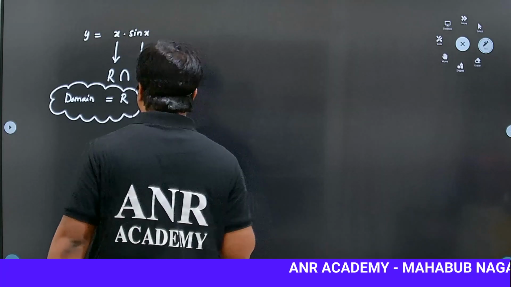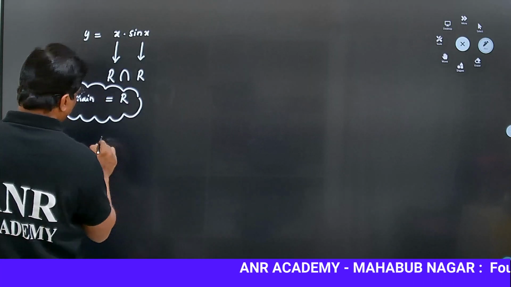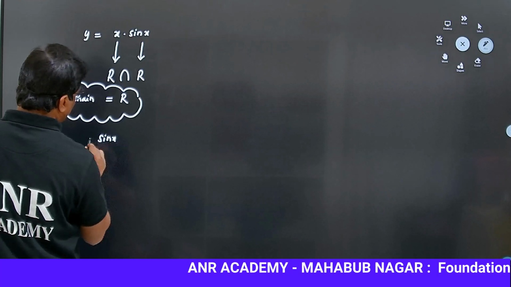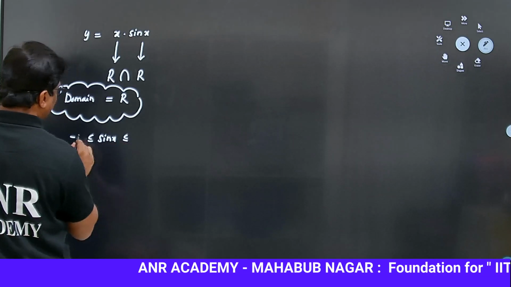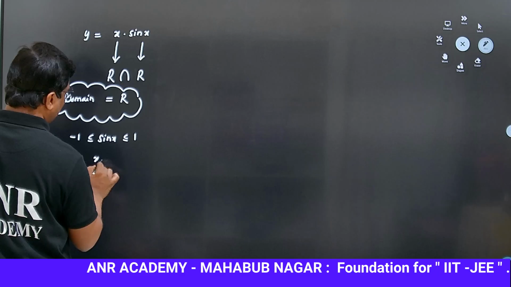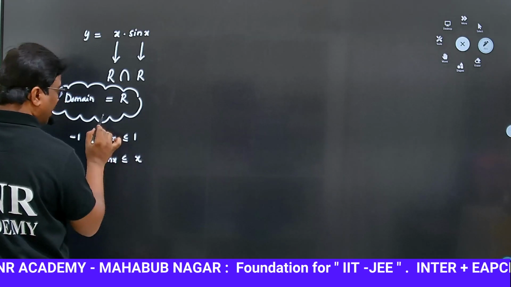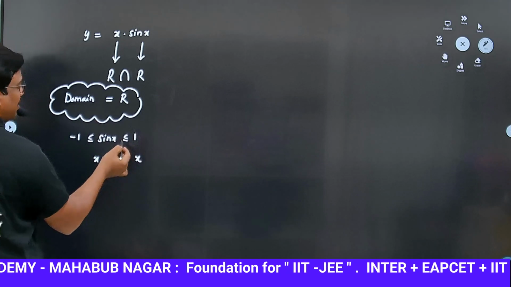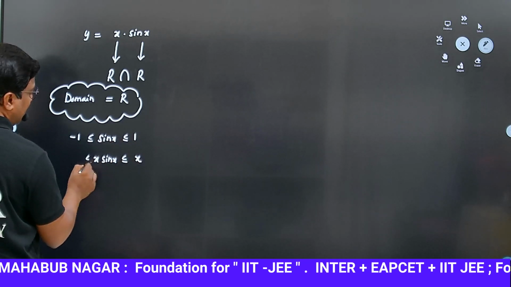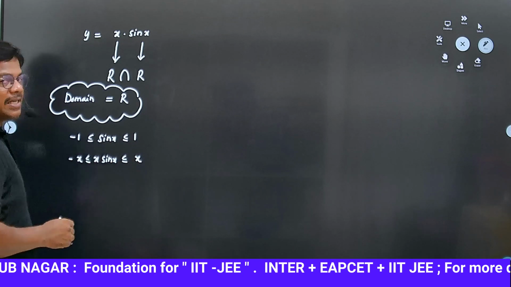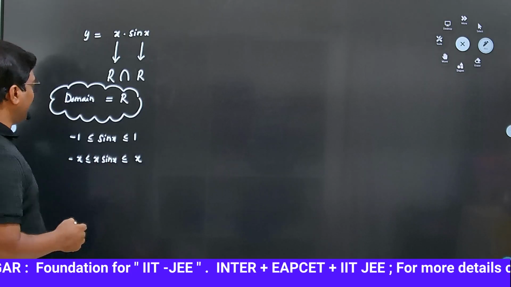Also, one thing you have to remember: the sin x value always lies between minus 1 and plus 1. When you multiply sin x with x, x sin x lies between minus x and x, remember.